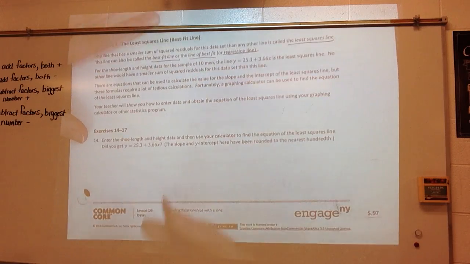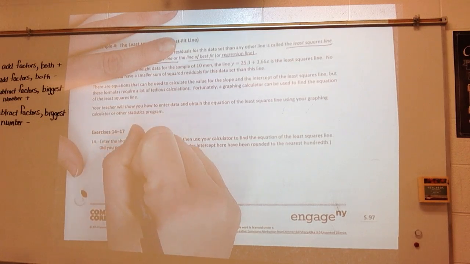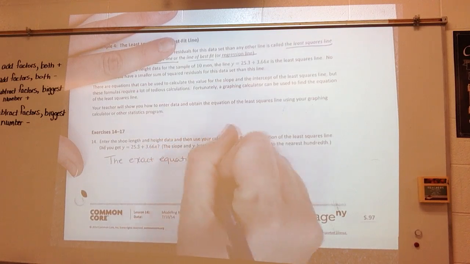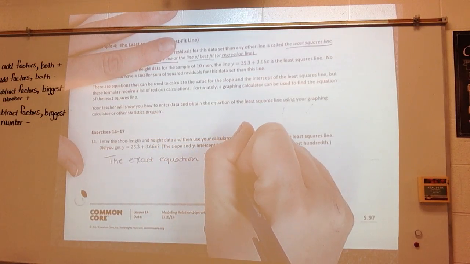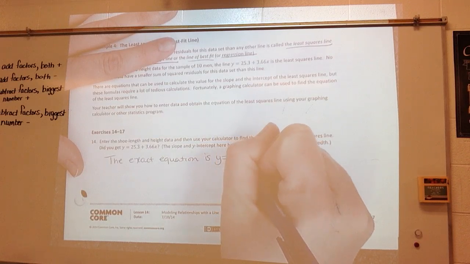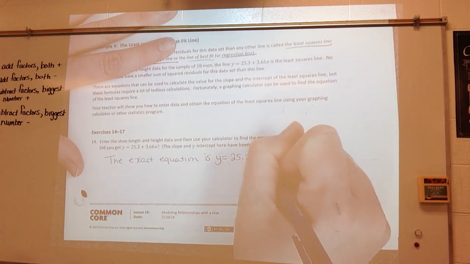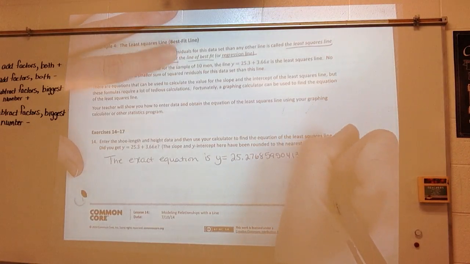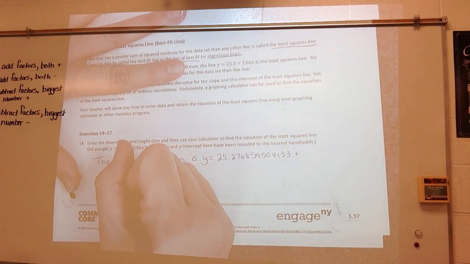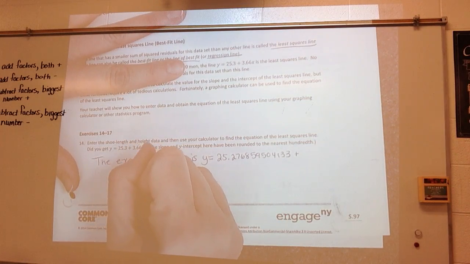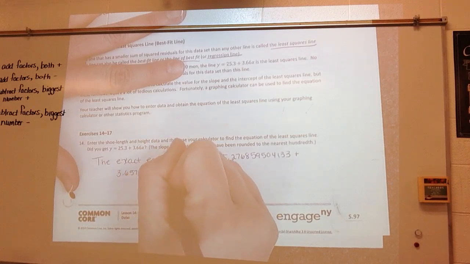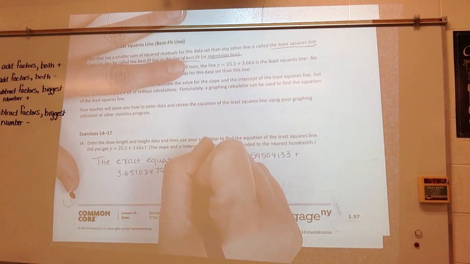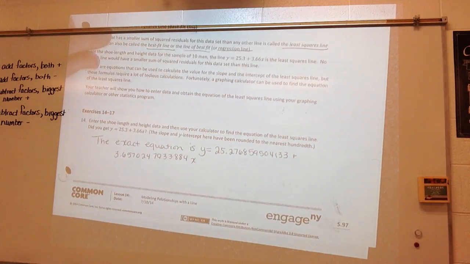The exact equation is y is equal to 25.276859504133 plus 3.65702479338884x.